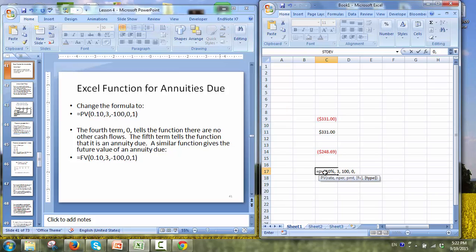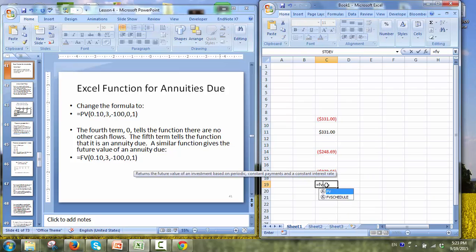And now notice the type. Type equal to 0, or by default, is for ordinary annuity. But if we put 1 as type, then we are looking at annuity dues. So we are looking at the present value of this annuity due, 273.55.